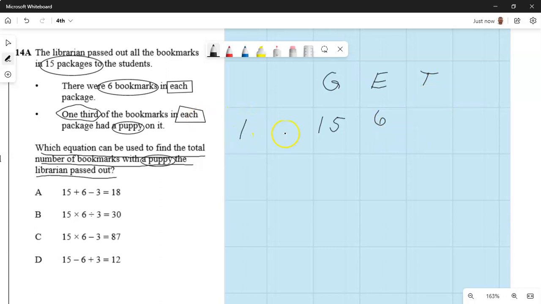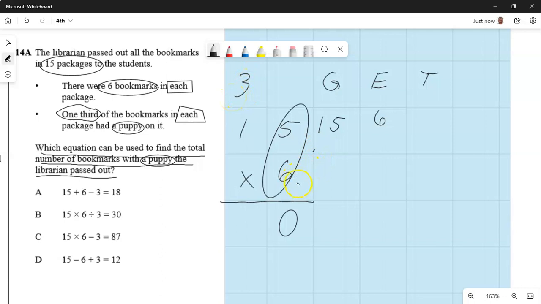So we'll go ahead and multiply that. That is 15 times 6. So I'm going to use the heart method. Go ahead and multiply the ones place by the ones place, and that's 5 times 6. 5 times 6 is 30. That's 0 ones and 3 tens.